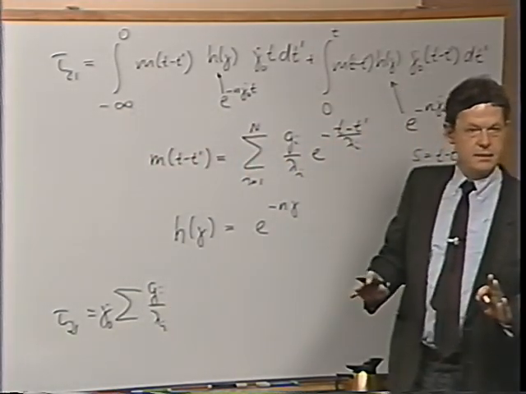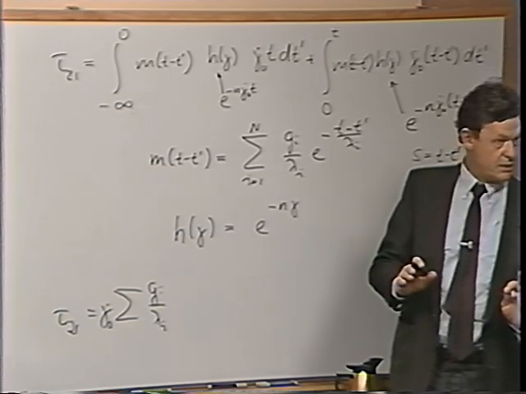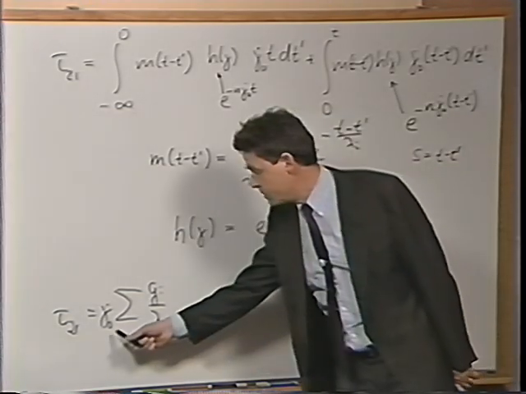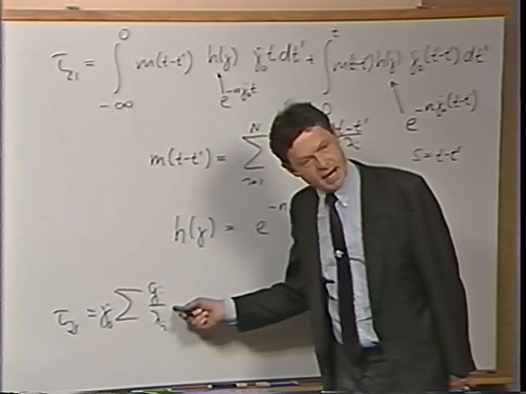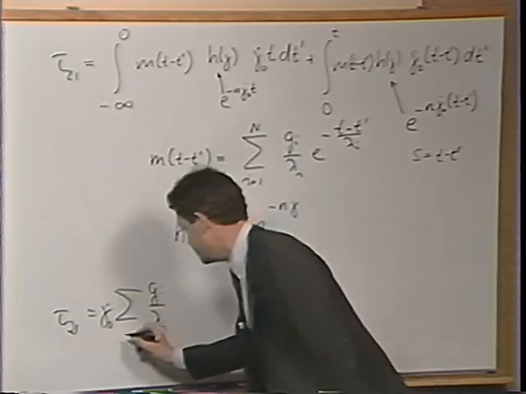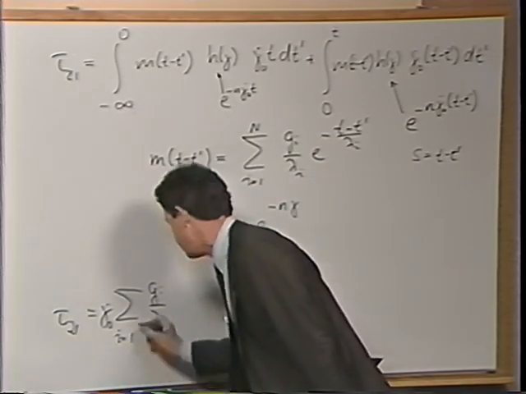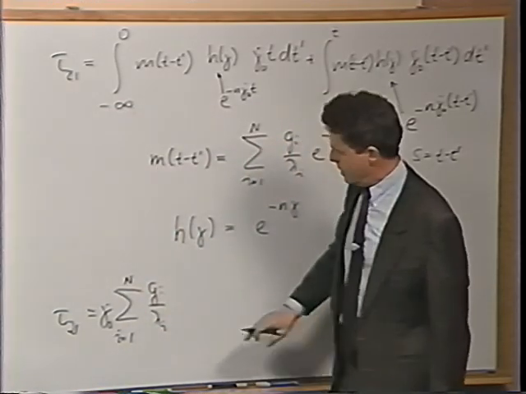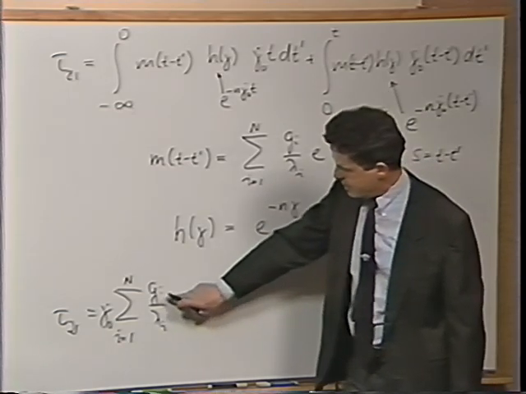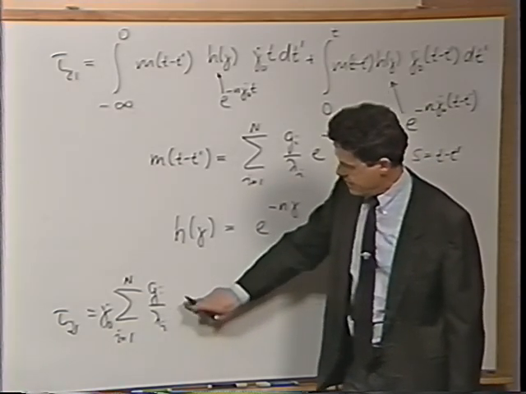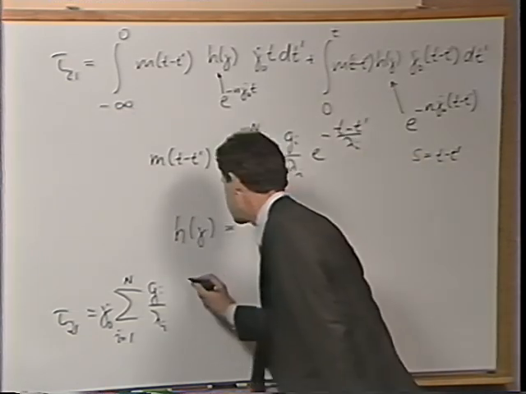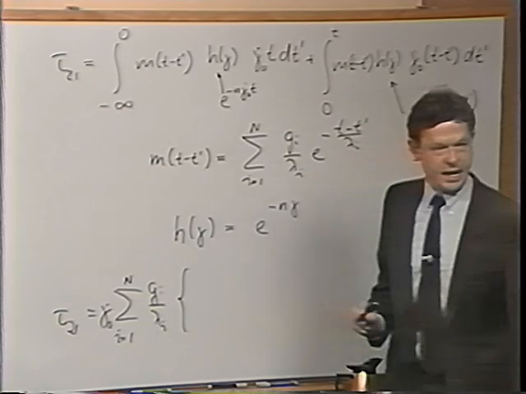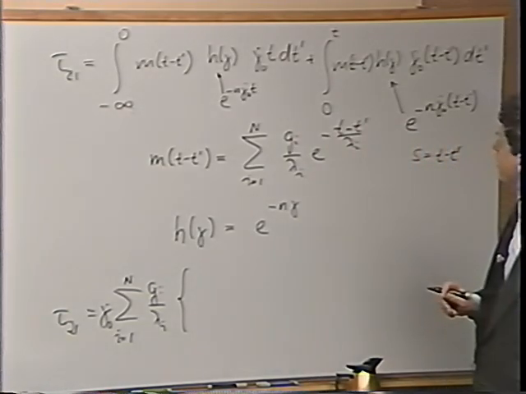Remember that the viscosity, which you would calculate from a large rubberlike liquid, would be equal to g i lambda i summed up over all modes, from i equal 1 to n. So in the small strain limit, we should have g i times lambda i, and the modifications will show that this is really the limiting case of linear viscoelasticity.